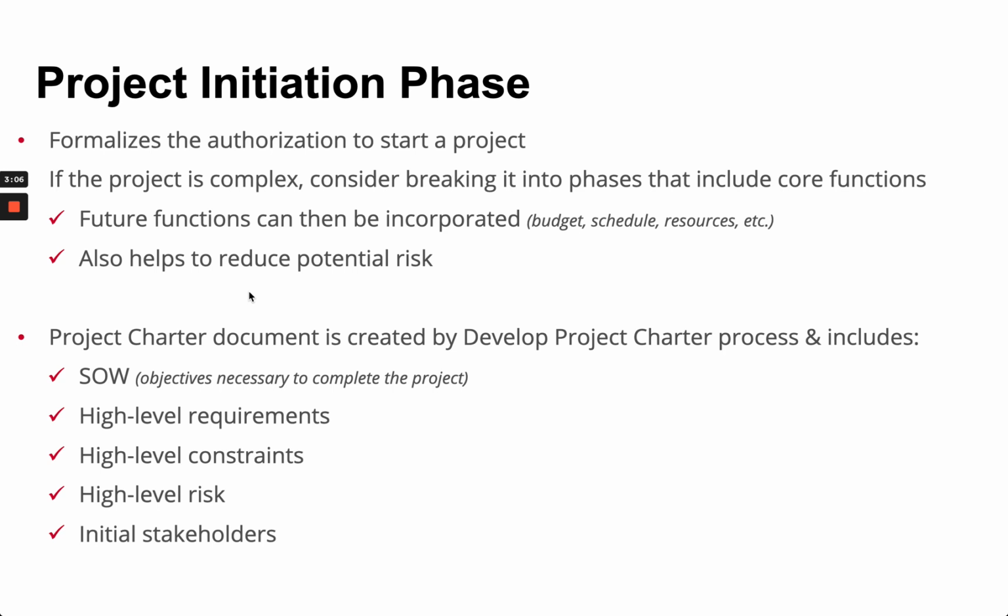We're going to do headquarters, et cetera. And in breaking it up, it could also help reduce potential risk. So the project charter, what we talked about earlier, is created to help develop the process in terms of that statement of work we touched upon, the high-level requirements we talked about, what constraints, what risk, the stakeholders, things of that nature.